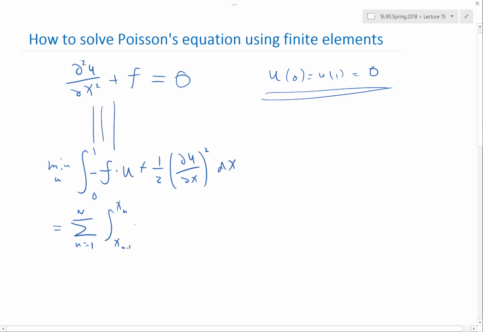We should now be familiar with this. f times what? The summation of how many terms in the expansion? We are expanding u equal to summation of i equals 0 to n, a_i phi_i. Again, we use the same kind of basis functions. How many terms are in this u after I split this integral?